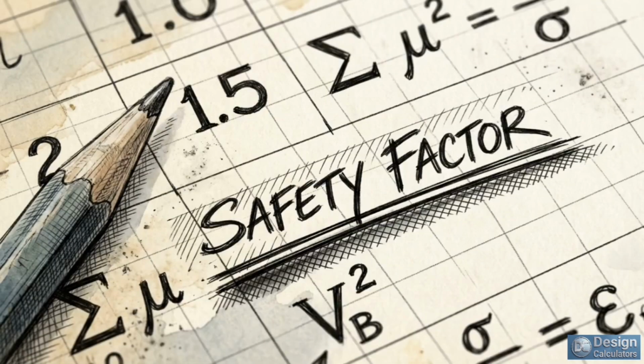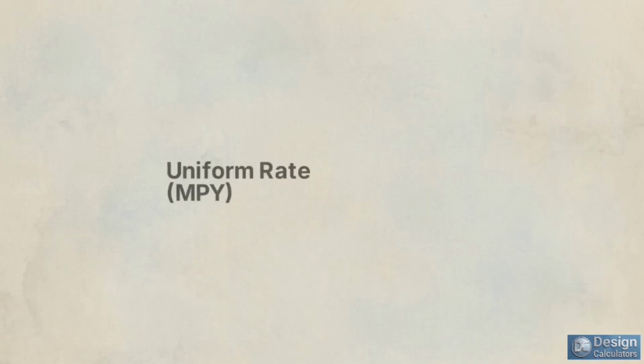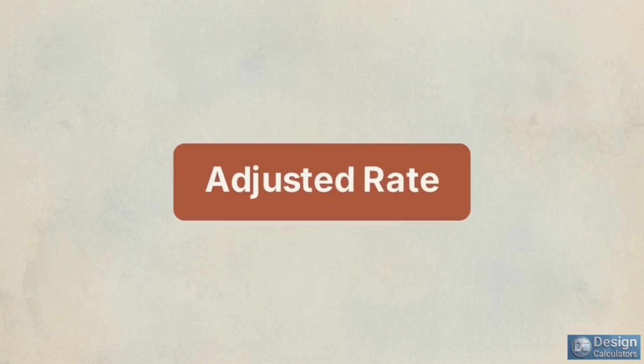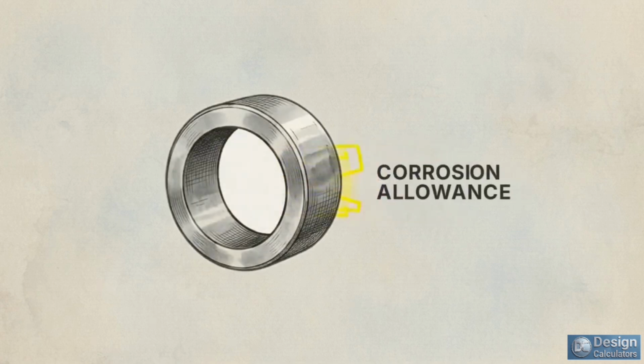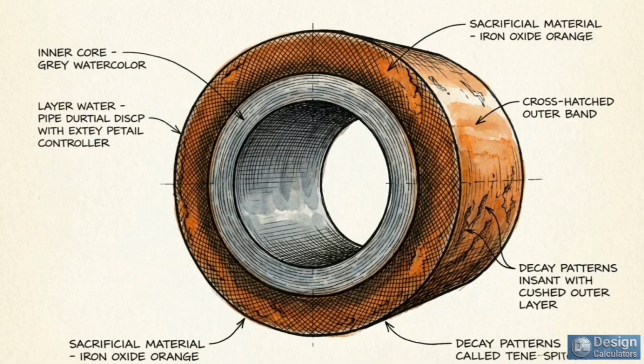To combat this unpredictability, engineers deploy a built-in mathematical safeguard. They take the standard uniform rate and multiply it by a designated pitting factor to account for localized attacks. This combined number dictates the corrosion allowance. This is a specific extra thickness of sacrificial metal engineered into a design strictly so the environment can eat it away.